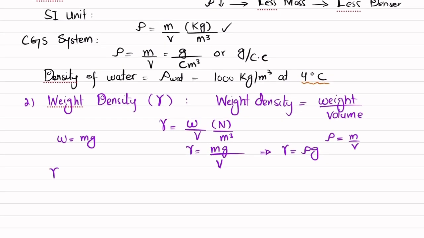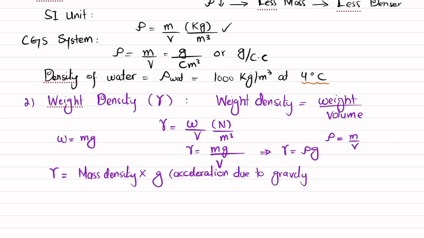So this weight density can also be defined as the product of mass density multiplied by g, which is acceleration due to gravity. Okay, so if you know the density of a material, you can calculate its weight density.